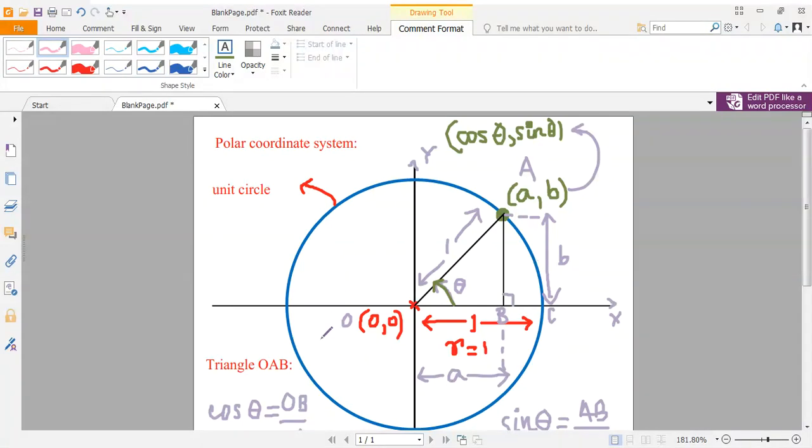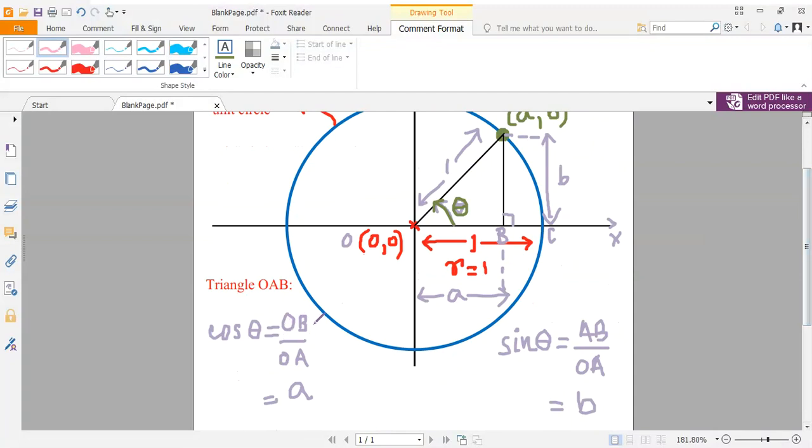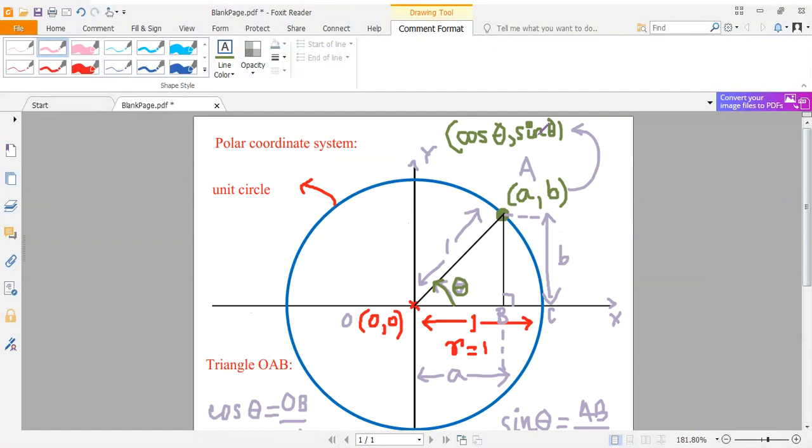If I make all these constructions, then the angle subtended is of main concern because the radius will be 1 unit. So this angle becomes the point of concern, and then we can replace the first of the ordered pair, the x coordinate, essentially the abscissa, with cos theta and the ordinate with sine theta. This order remains the same because we know that cos theta is OB by OA and sine theta is AB by OA. So it cannot be sine theta by cos theta.